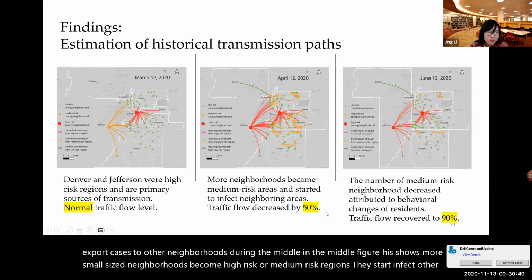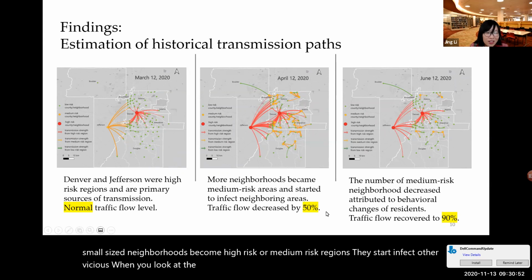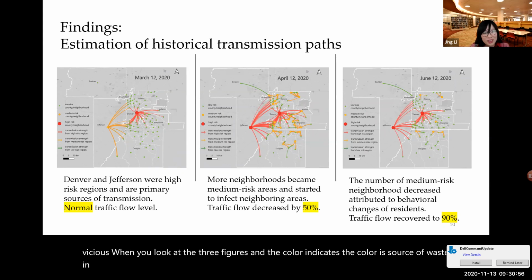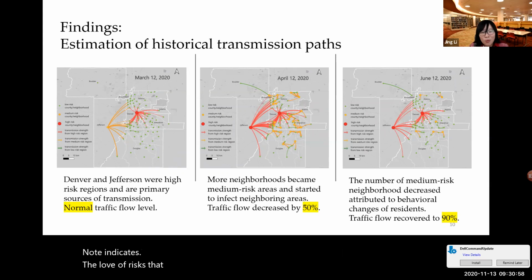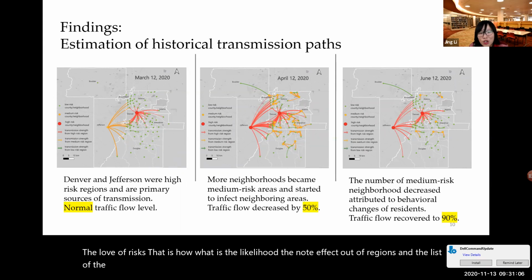When you look at the three figures, the color associated with the node indicates the level of risk, that is, the likelihood the node infects other regions, and the width of the lines indicates the contribution of the imported cases to another region.